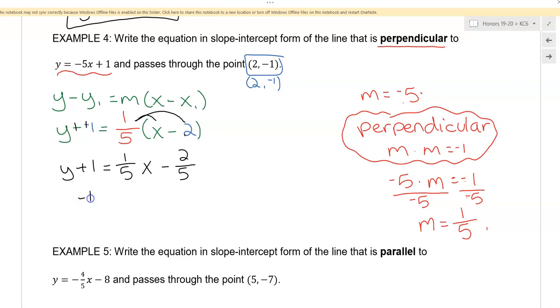Then I'm simply going to subtract 1 from both sides. Negative 2/5 minus 1, if I'm subtracting 1, I'm really subtracting 5/5. So if I have negative 2/5 minus 5/5, I'm going to have minus 7/5. So y equals 1/5 x minus 7/5 is our answer there.